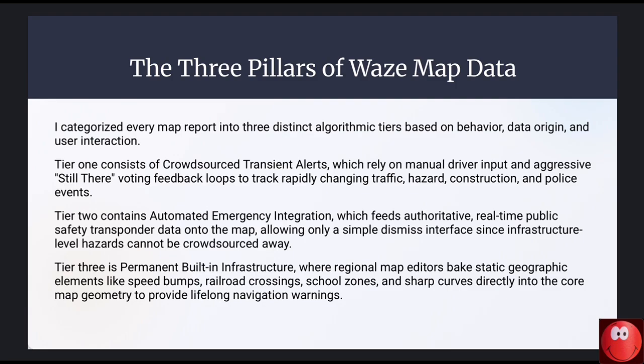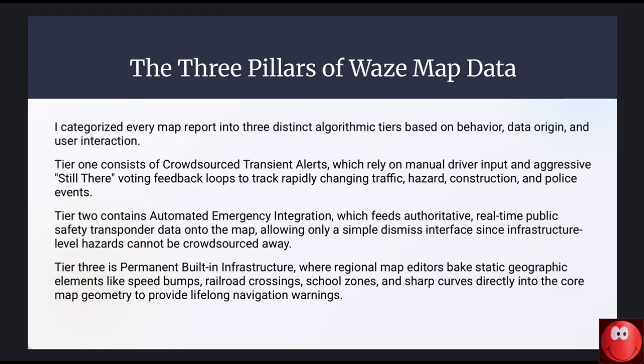Now let's take a look at the complete breakdown of how data actually enters and behaves inside Waze. The entire app relies on three distinct pillars. First, we have the non-permanent choices. These are your standard crowdsourced alerts that drivers manually report, covering things like traffic jams, police traps, accidents, construction, and hazards like roadkill or ice.